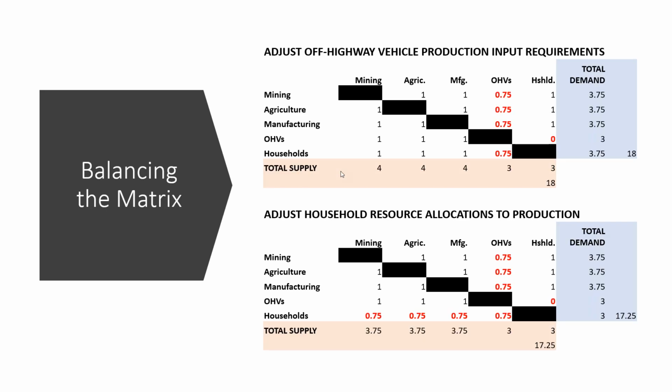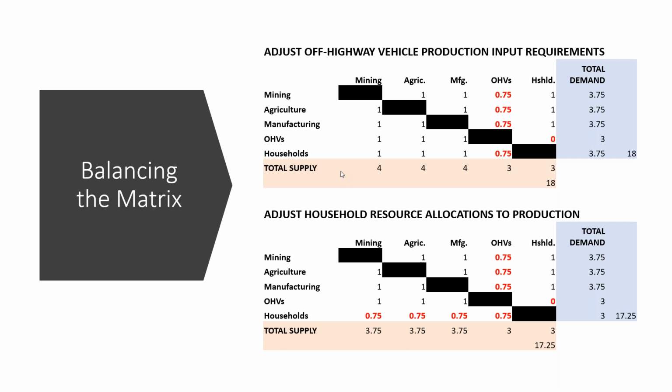Now in the top half of this one, we fix our off-highway vehicle input problem. Since we've only got demand for 3 off-highway vehicles now, we cut our inputs in every level from 1 to 0.75. So now I've got 3 off-highway vehicles produced and 3 are demanded. And that gets me down to 18 units in my economy from 20. I've still got a problem with household demand and household income.